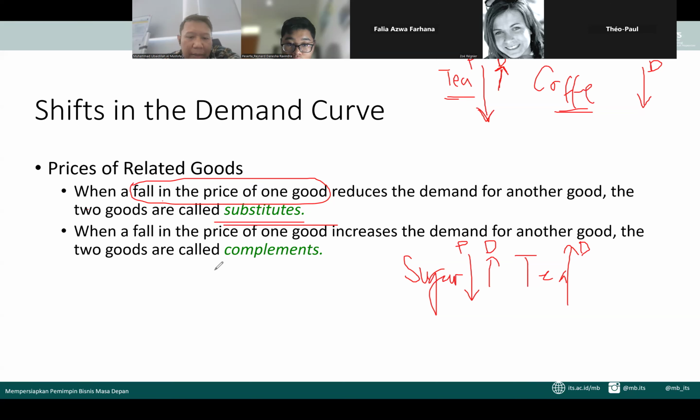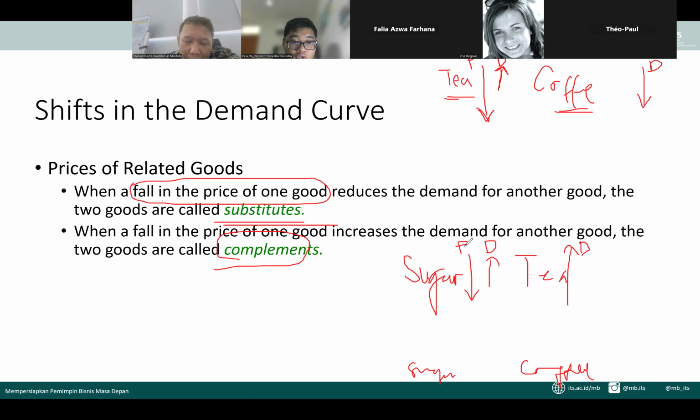Okay? But when we have a complement good, for example, sugar and tea, or sugar and coffee, when we have a fall in the price of one good, so we have a fall in the price of sugar, it increases the demand for another good.